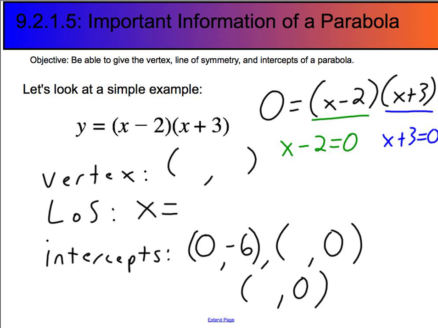So I have two equations to solve, and I know most of you can just jump right to the answer. You don't need to write down your work for this. So that gives me my two x-intercepts. Again, I'm going to erase my work to move on to the next thing.